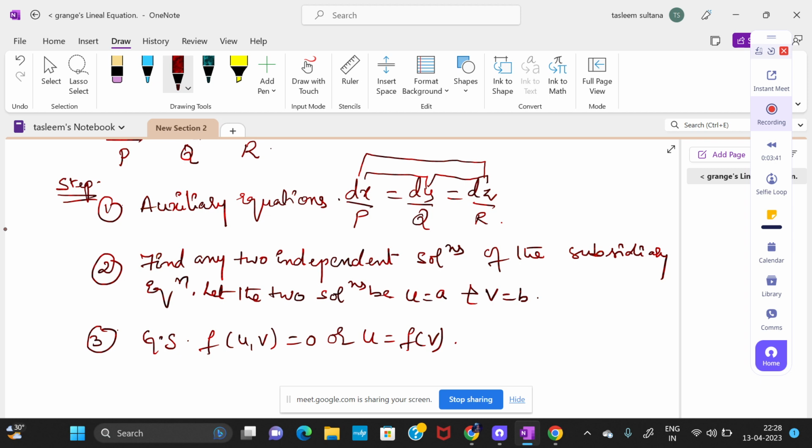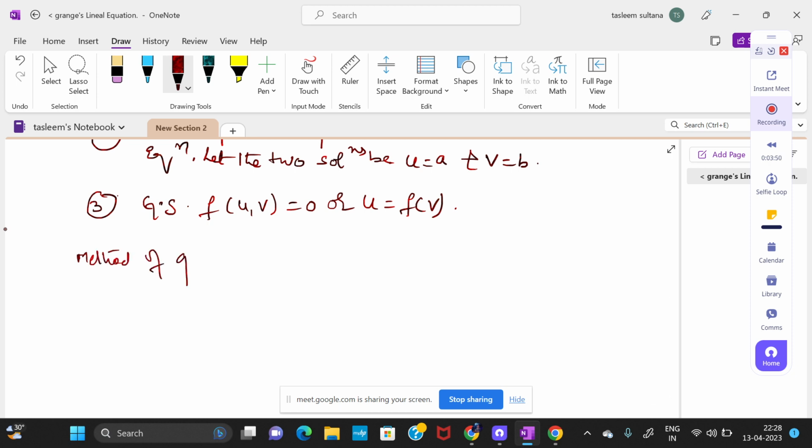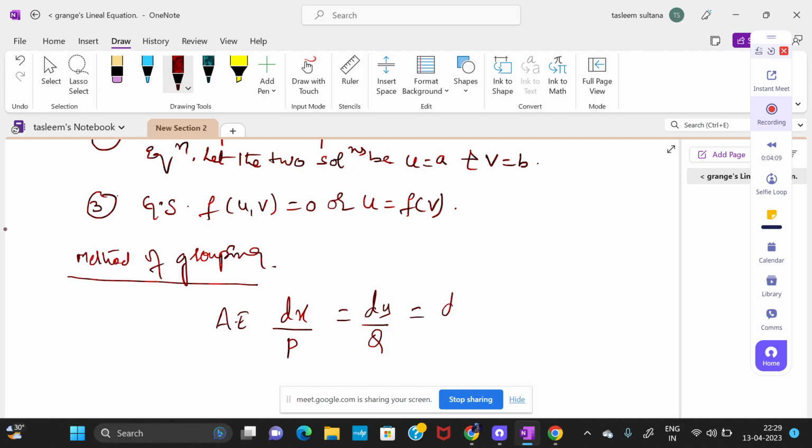This is the way you find the grouping also. It is the method of grouping. You have to find two sets of solutions. First, write your auxiliary equation, that is dx by p is equal to dy by q is equal to dz by r.